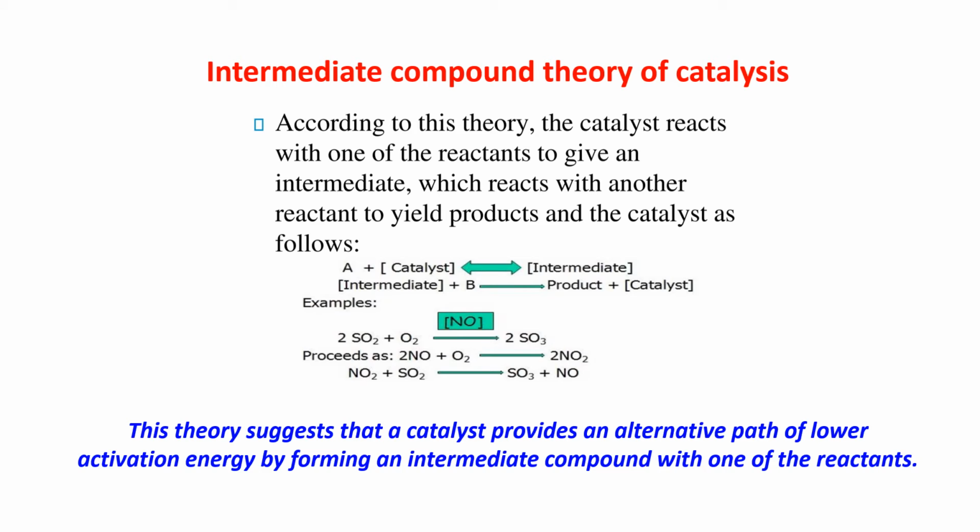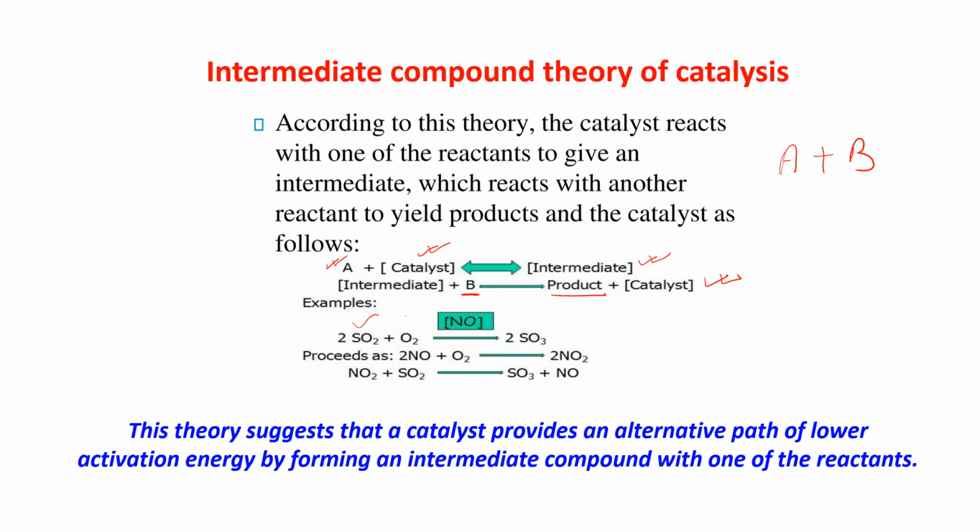Suppose there is a reaction going on between A and B. First, the catalyst is reacting with A, one of the reactants, and it is giving you an intermediate. Now that intermediate is reacting with B and it is giving you the product, and the catalyst will come out as it is.